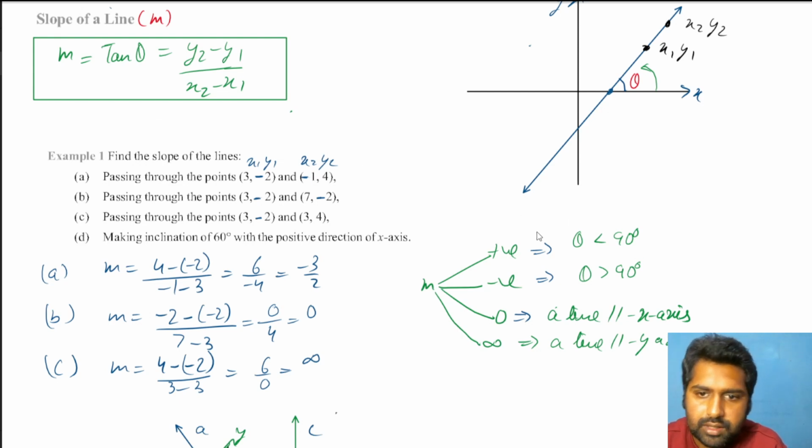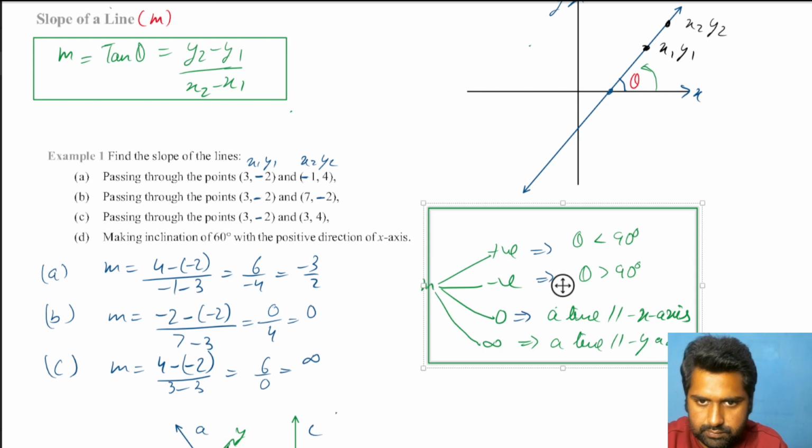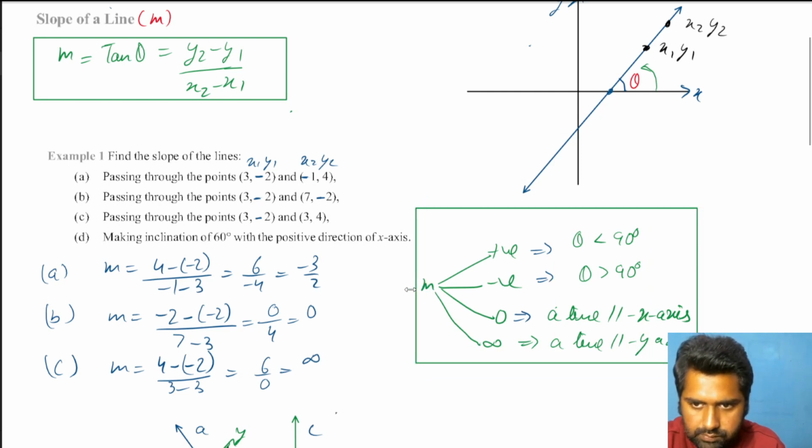Similarly negative, theta is more than 90 degree, second quadrant, m is negative. Okay, so this table you should remember. Okay, m equal to positive, negative, what do they represent, and 0, infinite, what do they represent.